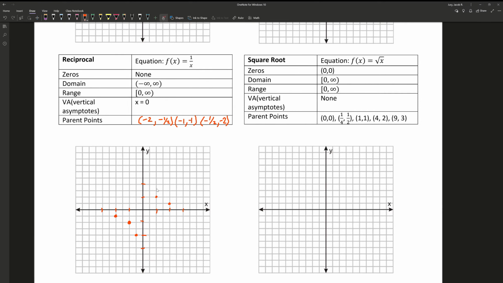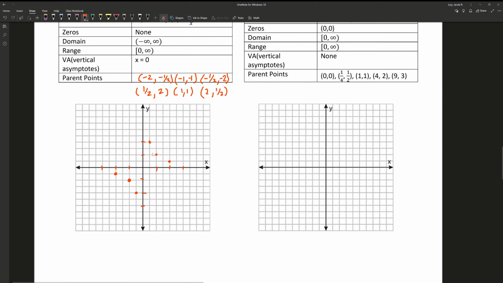So we know that we're going to use these 3 other parent points. So there's going to be 1/2, 2, 1, 1, and 2, 1/2. So those are the 6 parent points for this graph. And I'm going to do my best to fill in this shape.